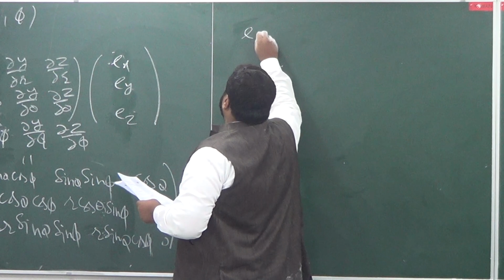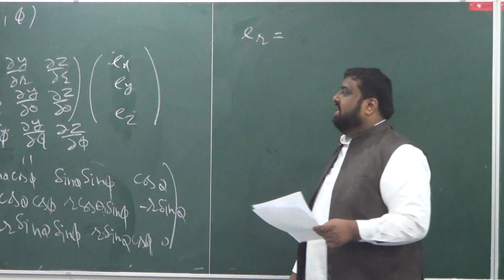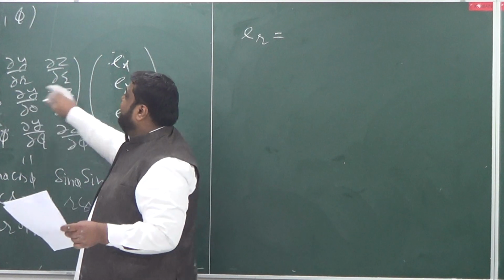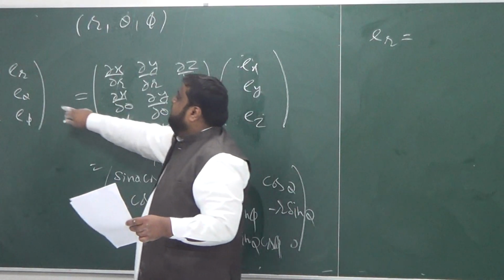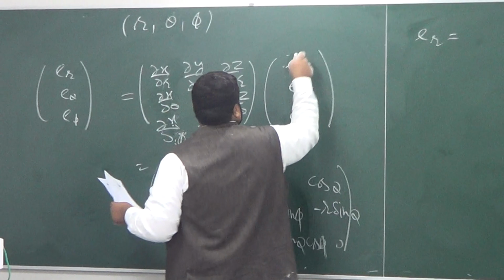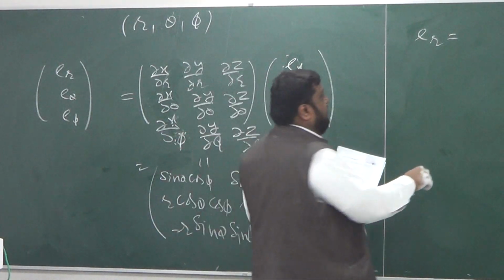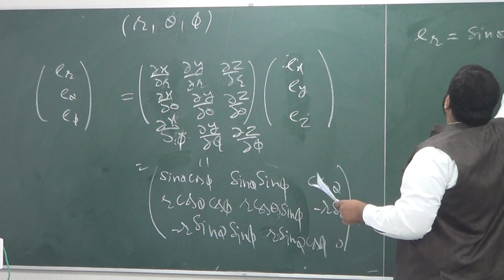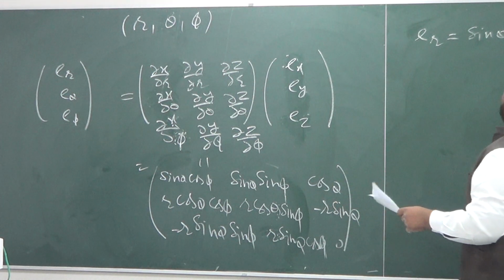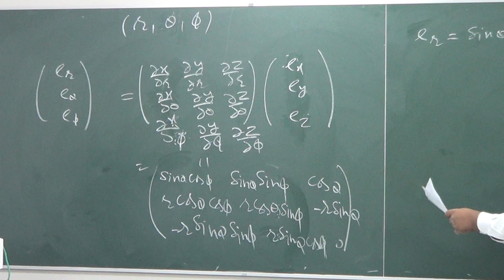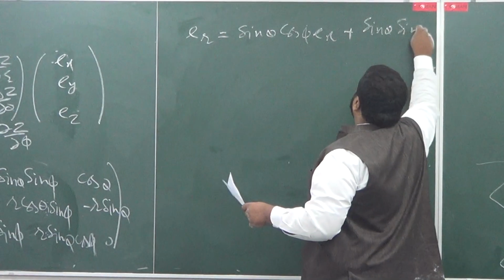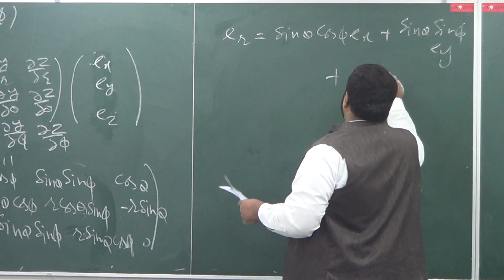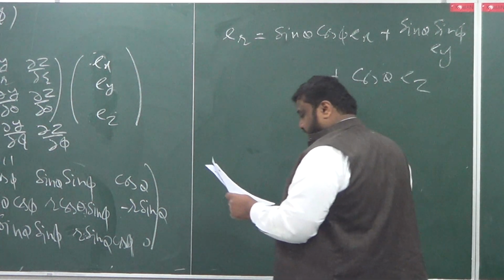For example, what would Er be in terms of this? This is telling you, if I write it in equation form, that Er is equal to this multiplied by this. So this would be sin theta cos phi Ex plus sin theta sin phi Ey plus cos theta Ez.